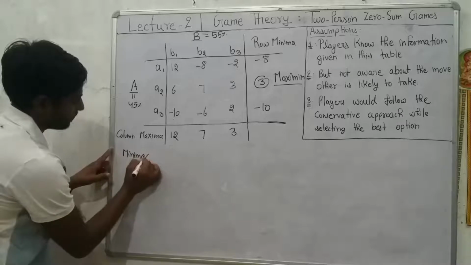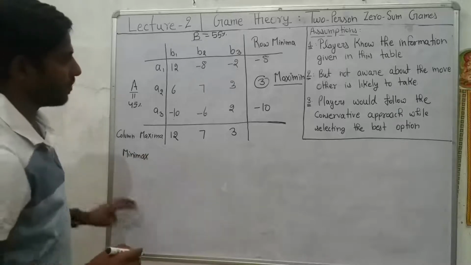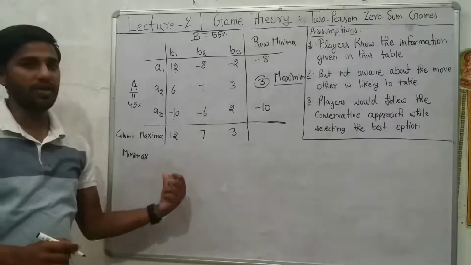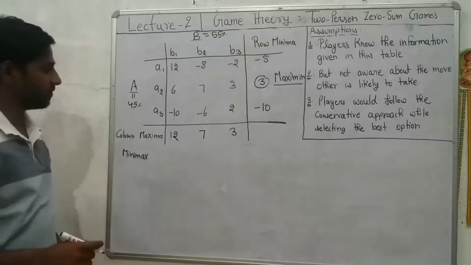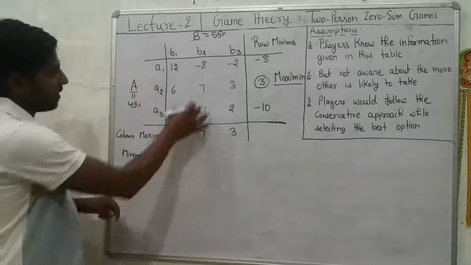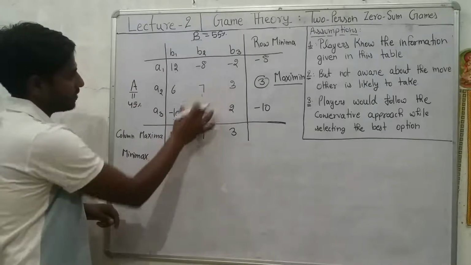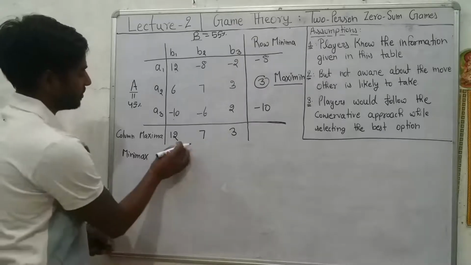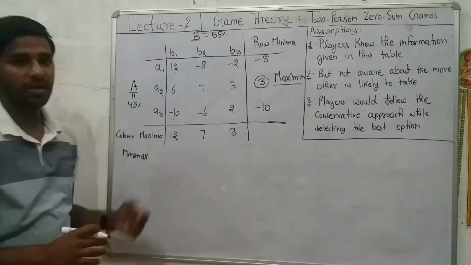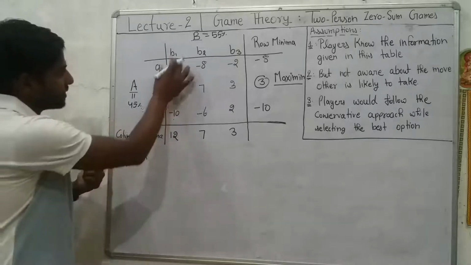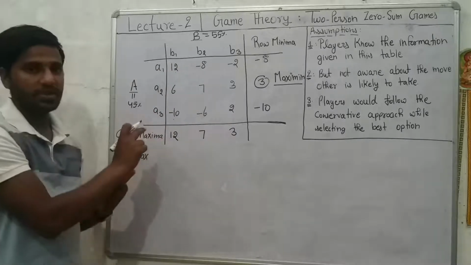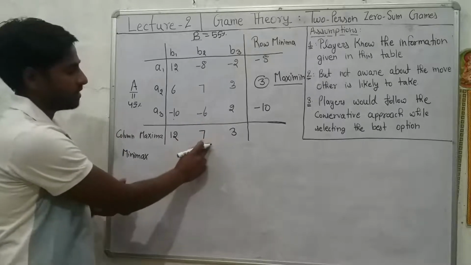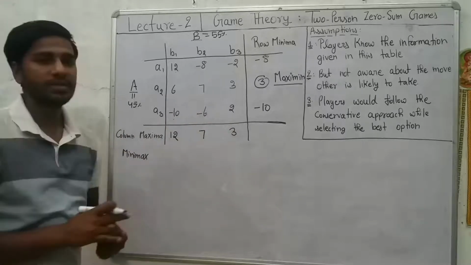Now in case of B, B would adopt the minimax approach. It is just the opposite of maximin. It means the minimum out of the maximum values, because in each column we have selected the maximum value, that is the maximum benefit of company A. In the first strategy, the possible profit to company A is 12% of market share, in the second it is 7%, and in the third it is 3%.